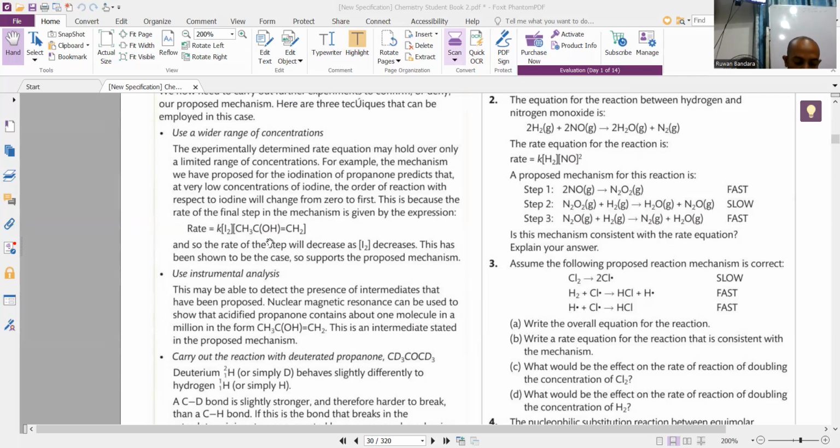Okay. Rukaya, what do you think? Is the mechanism consistent with the rate equation or not? I'll explain question one again later. Pranav, is the proposed mechanism consistent with the rate equation or not?